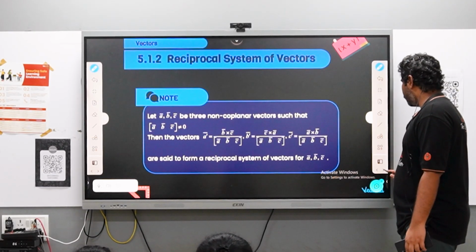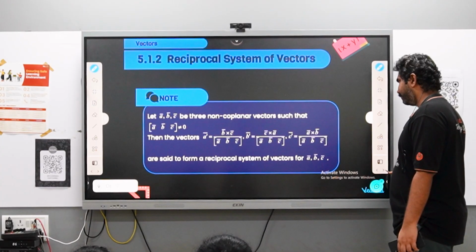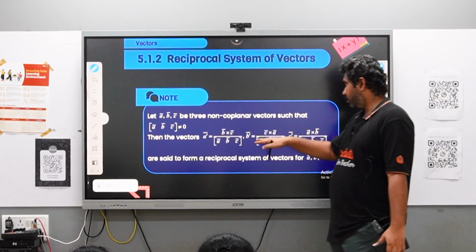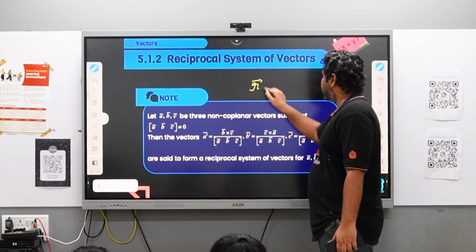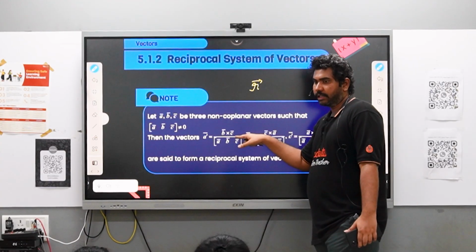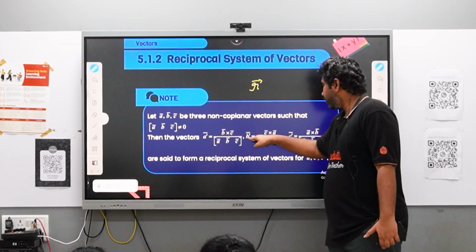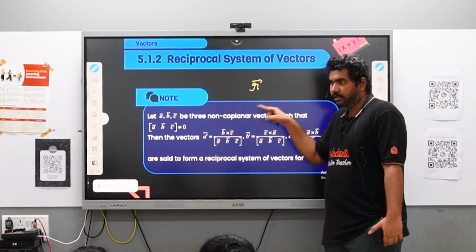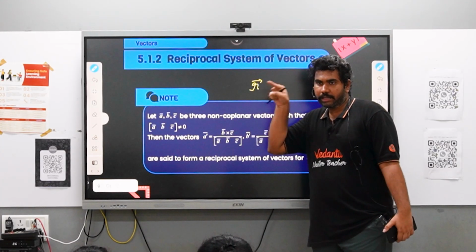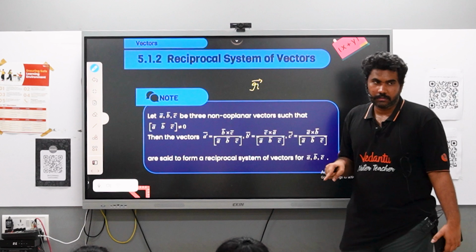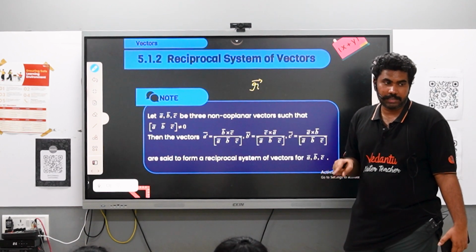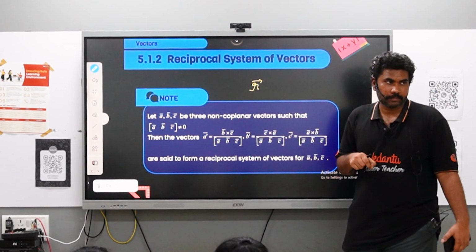So this is a very important thing. Basically these are going to be the building blocks of the vector in the three-dimensional space, where A vector dash, B vector dash, C vector dash is serving as the ijk, the new ijk.